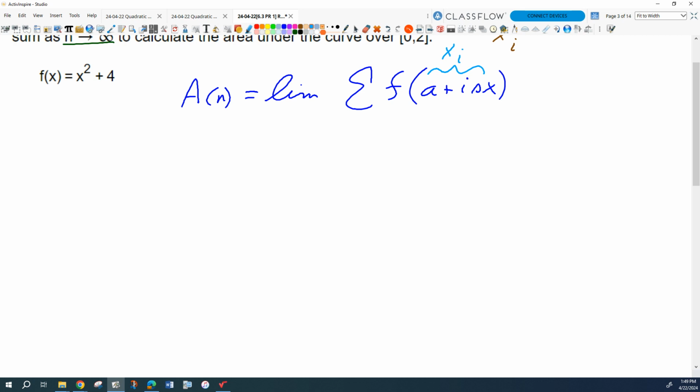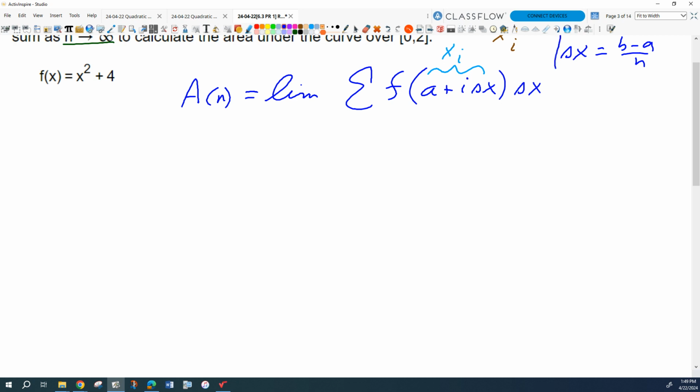So f of x sub i, and what's the width always going to be? So just delta x, right? We'll just call it delta x to keep things short. And we know in our mind delta x equals always (b minus a) over n.